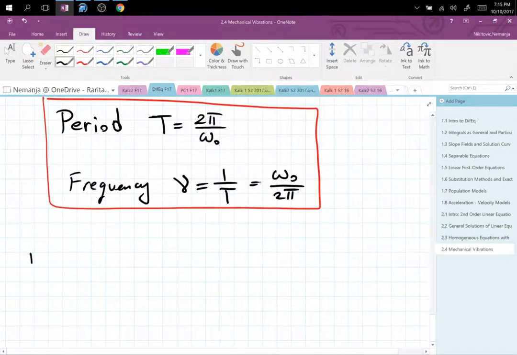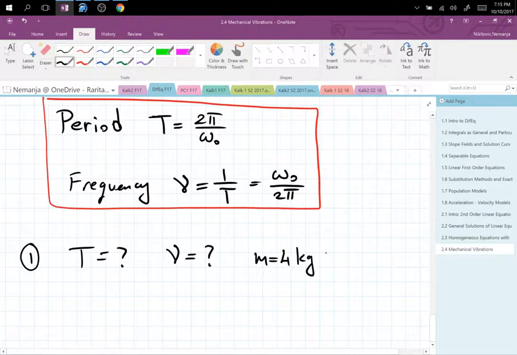So this is problem number 1. It says determine the period and the frequency of the 4 kilogram object that is hanging on the 16 Newton per meter spring, right?